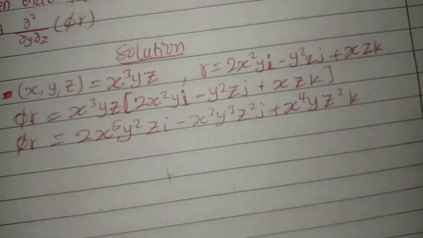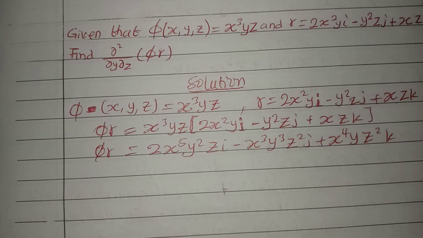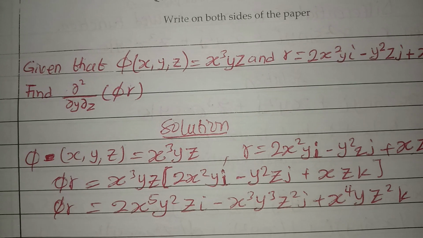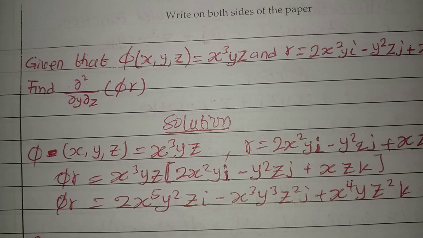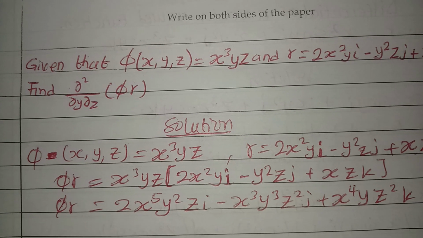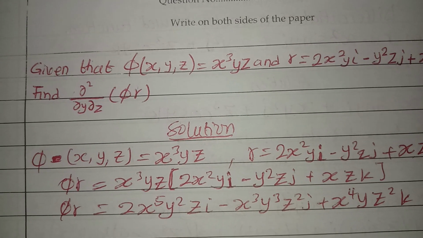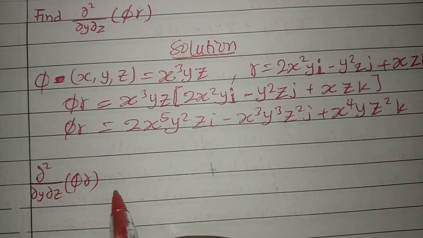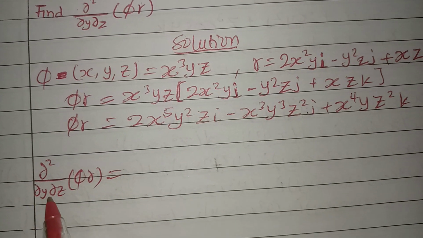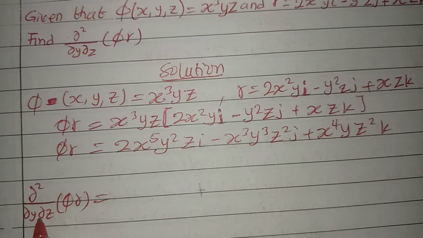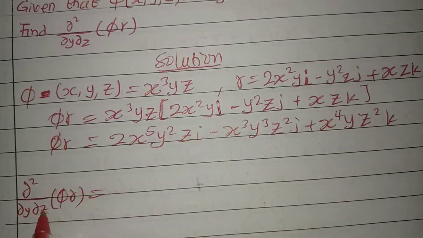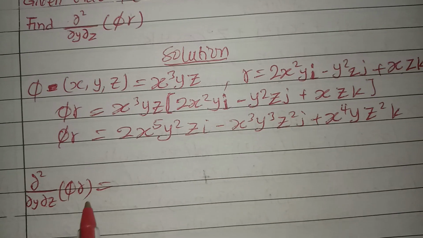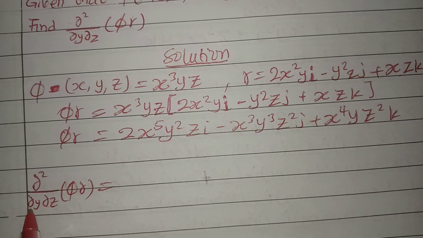Now our goal here is to find the derivative of this. So we have here the second partial derivative, ∂² over ∂y ∂z of phi r, the product of this. So we are going to differentiate this function with respect to z, then whatever we get, we now differentiate it with respect to y.